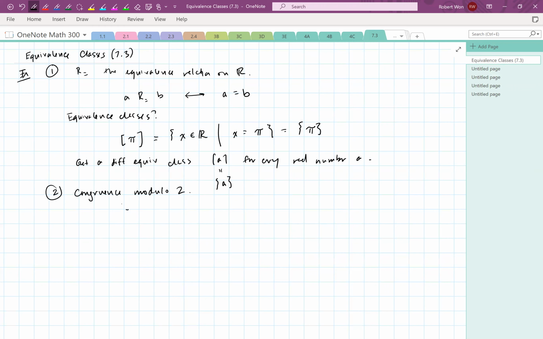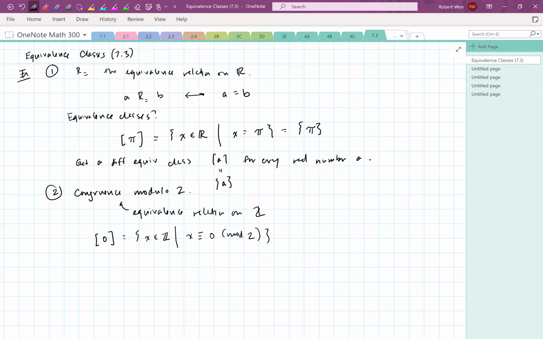This is an equivalence relation on Z. What are the equivalence classes? Well, let's write some down. The equivalence class of 0 is the set of all integers x such that x is congruent to 0 modulo 2.